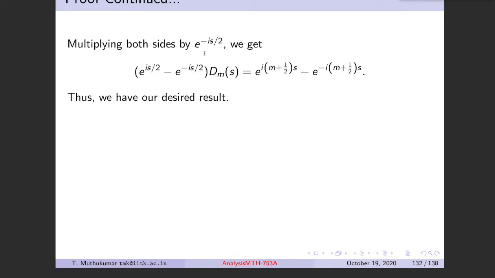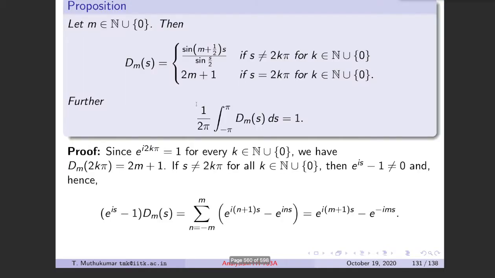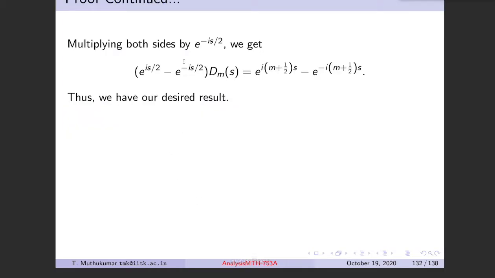Now you multiply both sides by e^{-is/2}, so you get this. This is just a computation that you need to do. If you multiply in this e^{-is/2}, the left hand side becomes this and the right hand side becomes this.